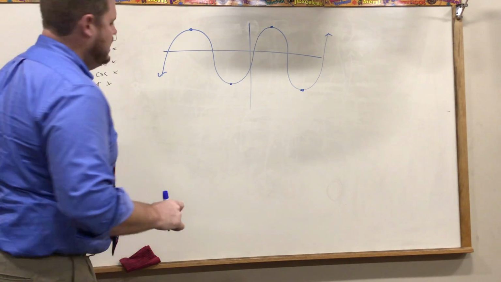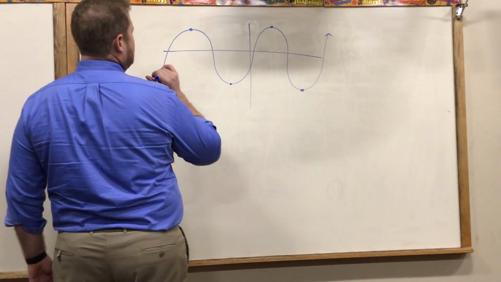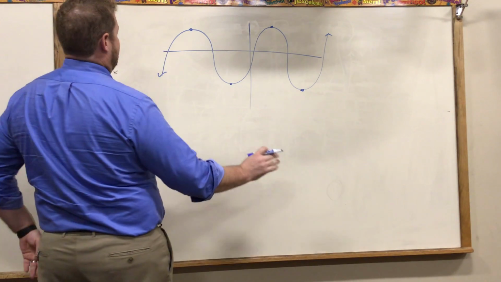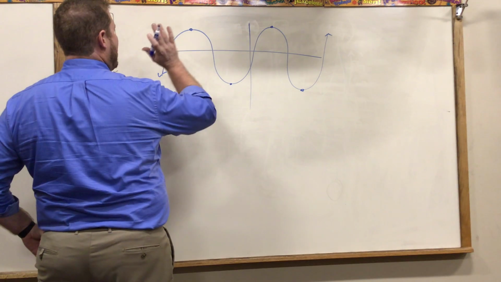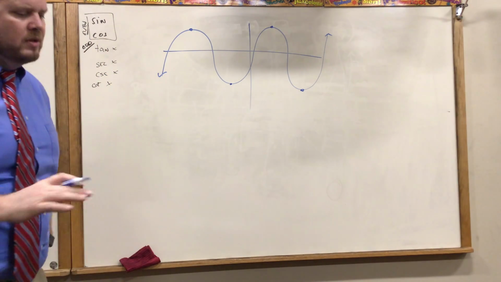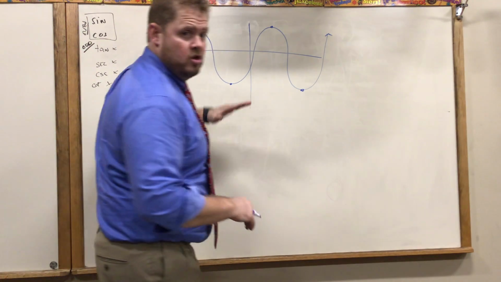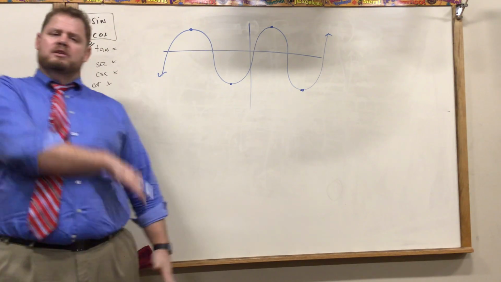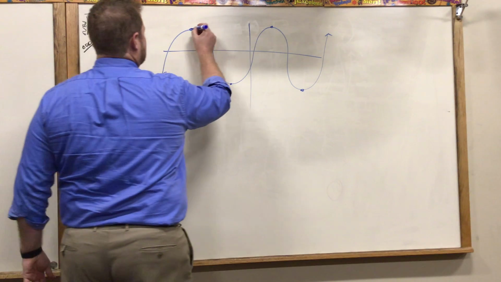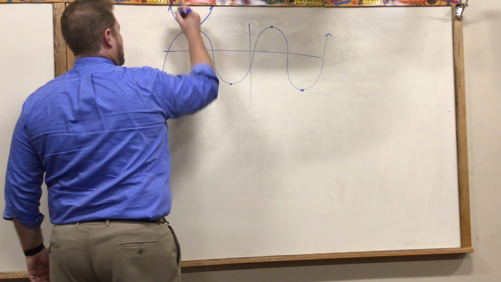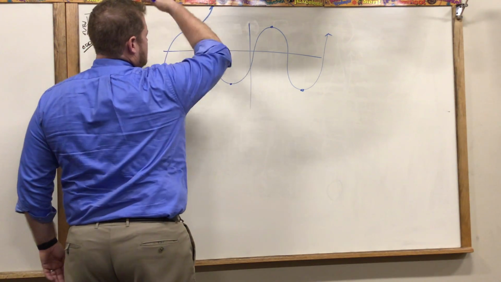So if I want to graph cosecant, first off, what's the maximum of sine? It's 1. What's the minimum of sine? -1. So when you're graphing the inverse of that, you're going to graph it like so. The minimums and the maximums are infinite.